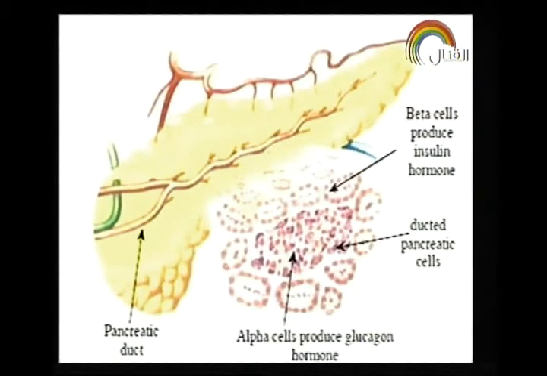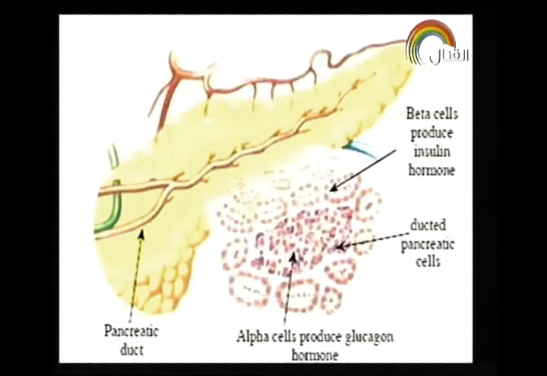As you see, the pancreas has two functions. It secretes insulin hormone and glucagon hormone inside your blood directly. And also, it secretes some digestive juices, but they flow inside the tunnel. So they are what?